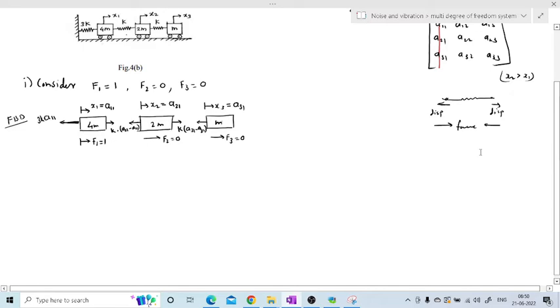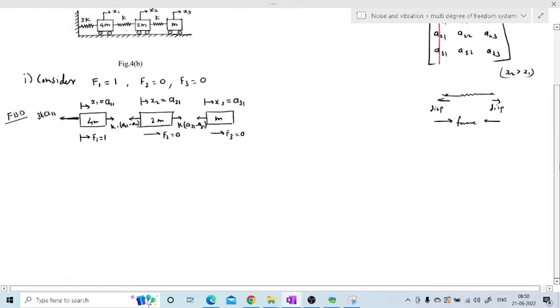So initially we have considered the force at 1. So according to that, I have made this FBD. Now for equilibrium condition. Now what I can write for equilibrium condition? On mass 1, the summation will be equal to 0. So I am going to consider the direction of force as positive.